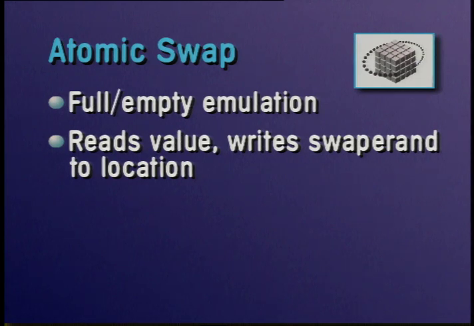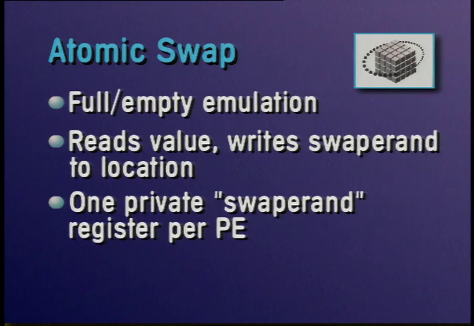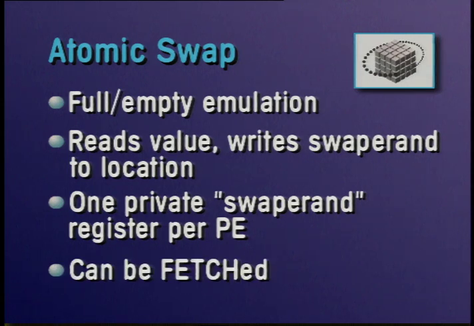The value that is stored in the memory location comes from a local memory-mapped register called the swaparand. The value that was originally in the memory location is returned to the PE. The return destination, like any load, can be the prefetch queue in order to hide the latency. Full empty bits in memory are emulated by designating a token value, say an undefined IEEE floating point, not a number or NaN, to mean empty.